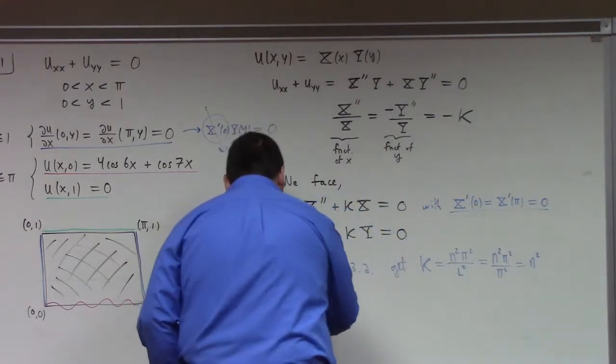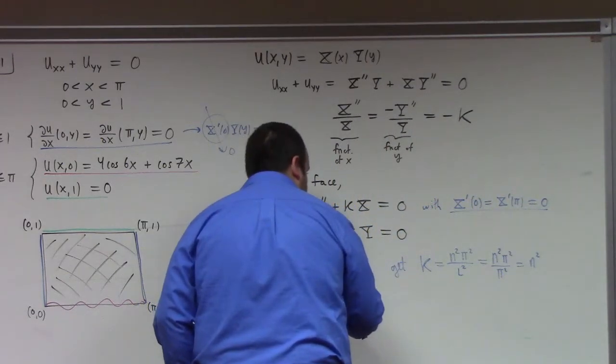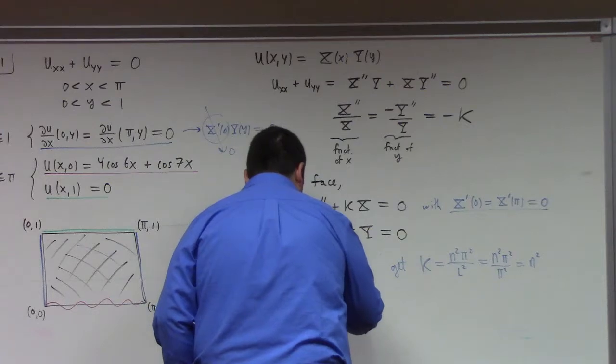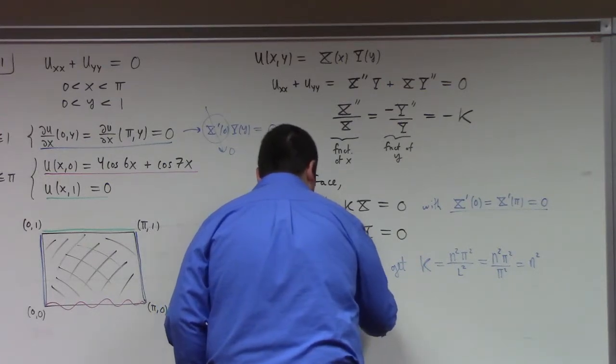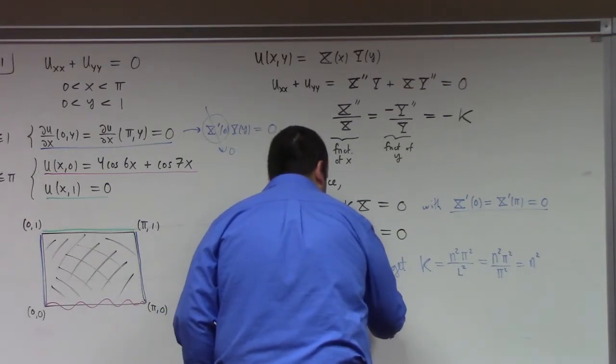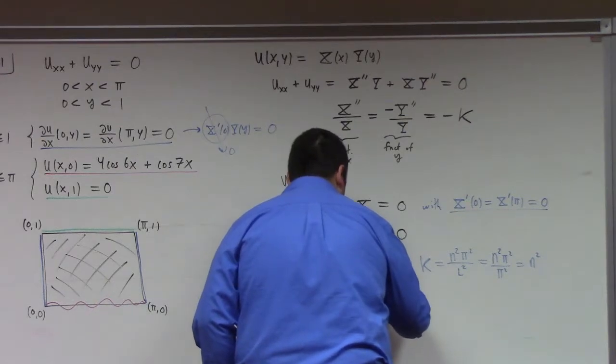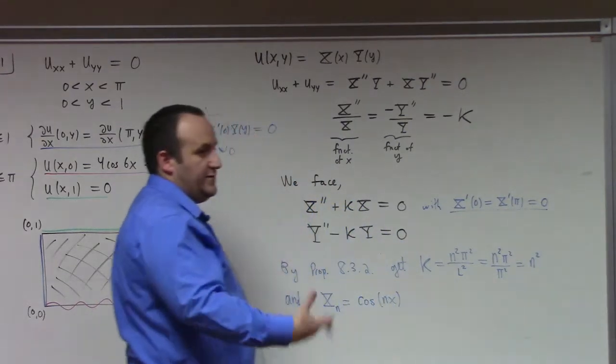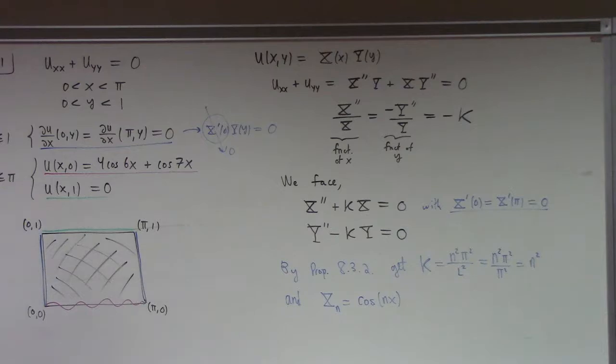And let's see here, x_n is equal to something like cosine of nx, yeah? Generally it would be n pi x over L, but the pi's cancel. n equals 0 is also possible here, right?